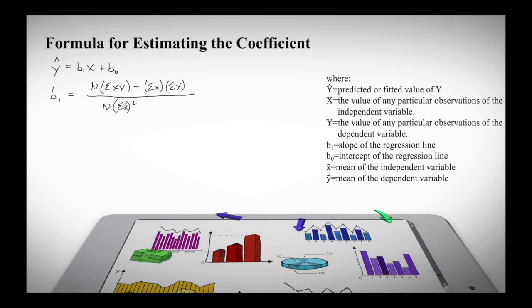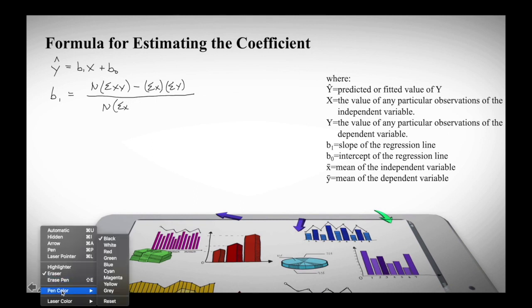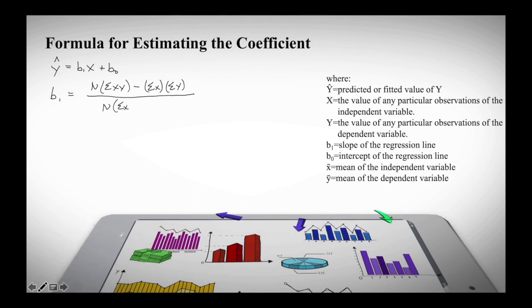Sorry, sa loob ang squared. Okay, so square muna. Let's have the square here. X squared minus the summation of x. Ito pala yung nasa labas na square.